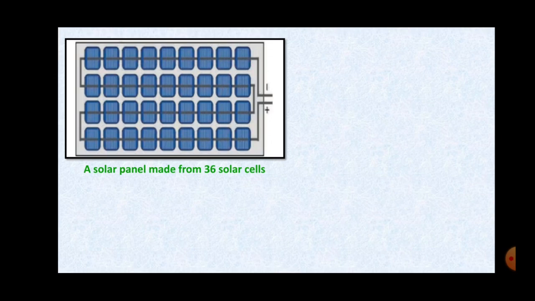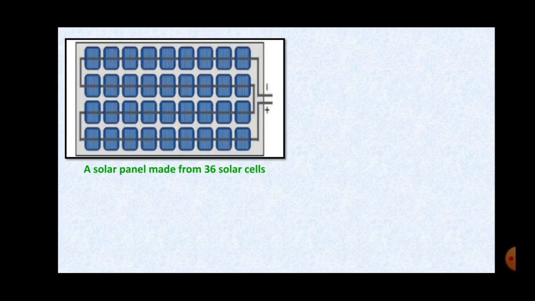Now in the picture you can see there are 36 photovoltaic cells placed in series, right? They are connected in series and thus electricity can be generated on a larger scale. Now, if we have a solar cell that is quite good, it has an efficiency of around 15%.